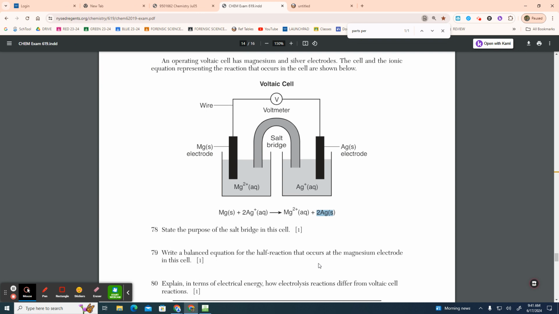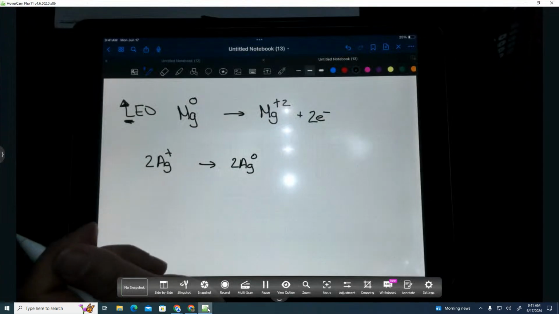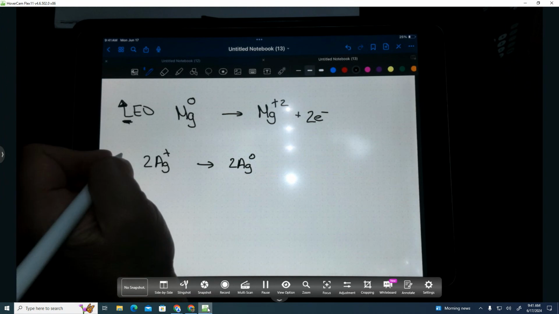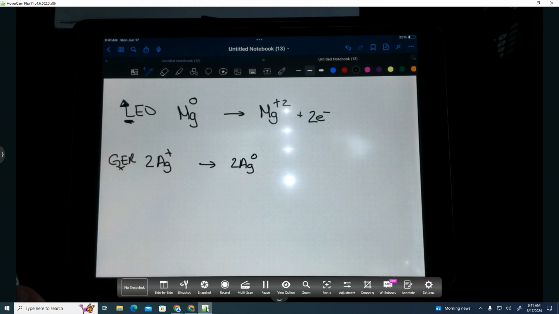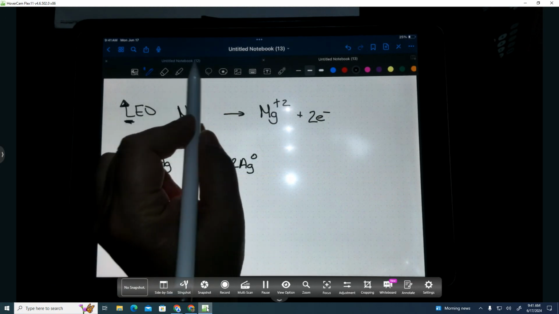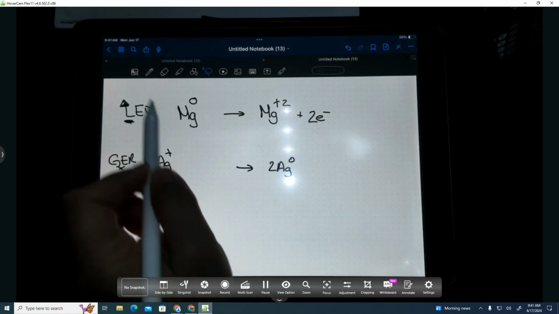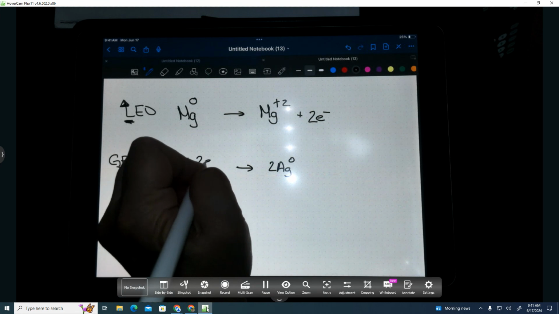So I'm going to write 2 Ag0. We are gaining electrons now. How many electrons are we gaining? 2. What side do they go on? I didn't leave myself enough room. On the left side, plus 2 electrons.